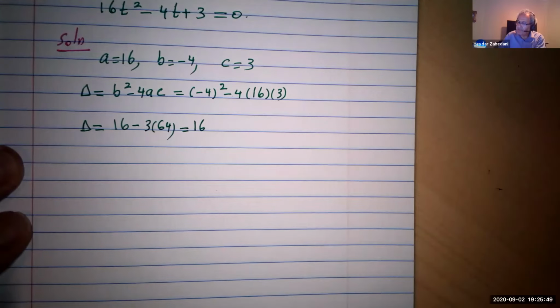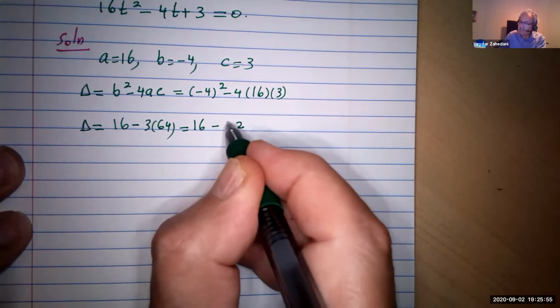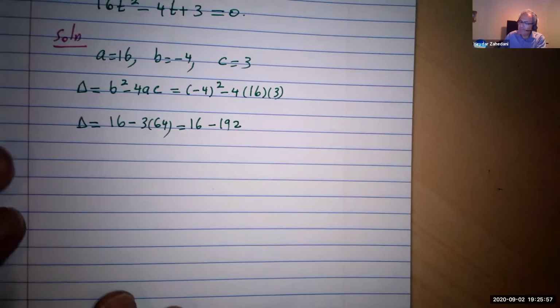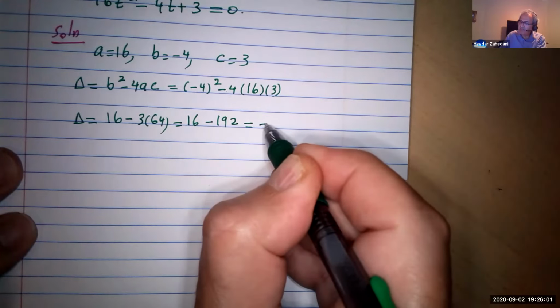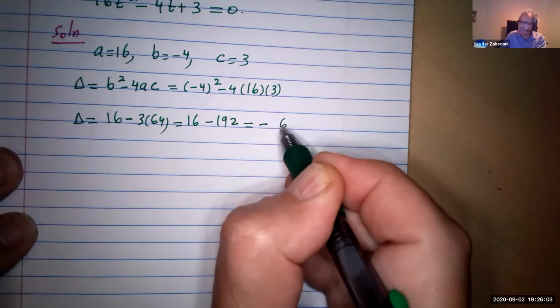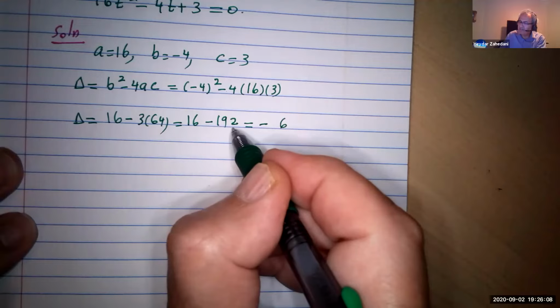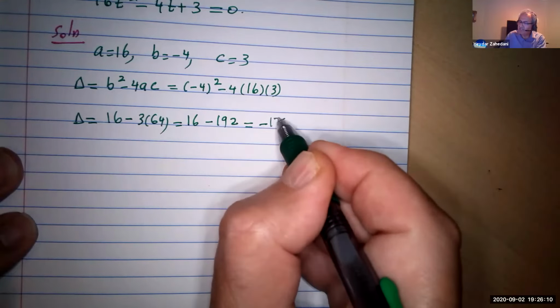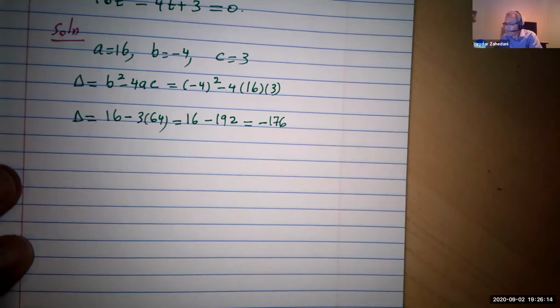So it's minus 3 times 64, which is 192. If you subtract, that gives you negative 176.